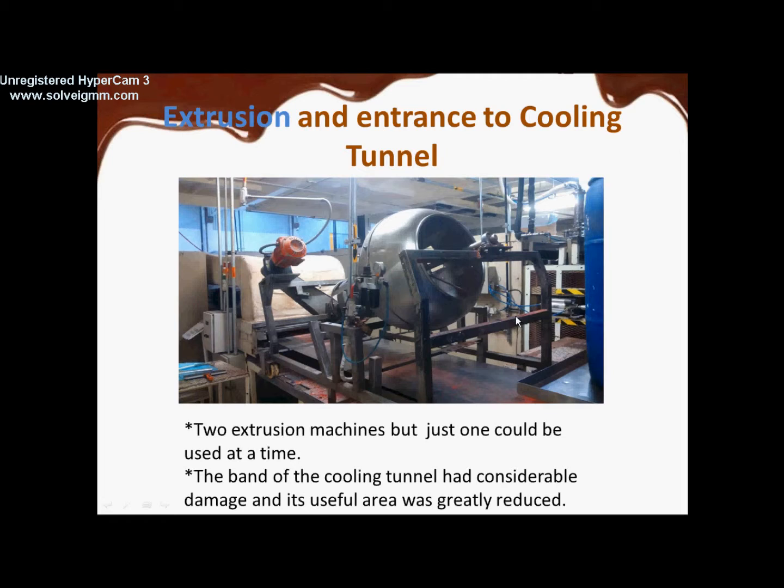This photo is from when the line was not operating, this was obsolete. There was something here, but it has been taken, but here you have an idea of how it was. So only one extruder could work at a time, and also the band of the cooling tunnel had considerable damage, and its useful area was greatly reduced, and this also contributed to the low efficiency mentioned.